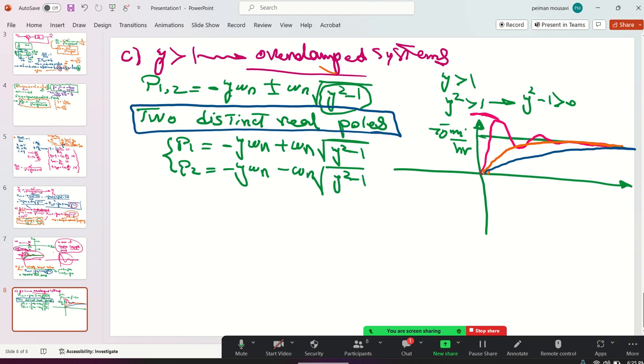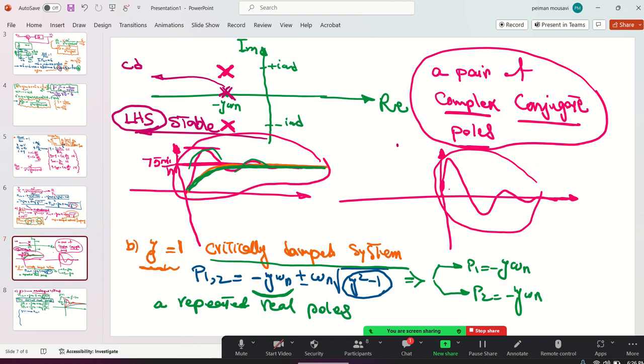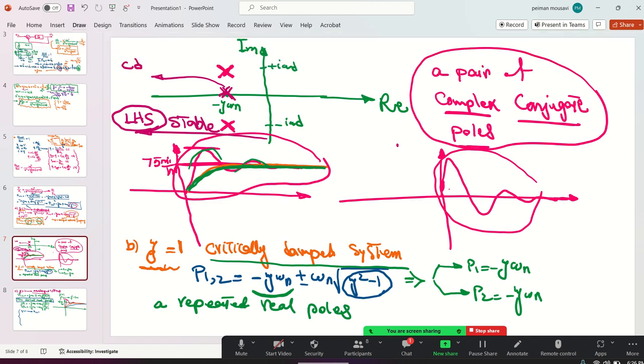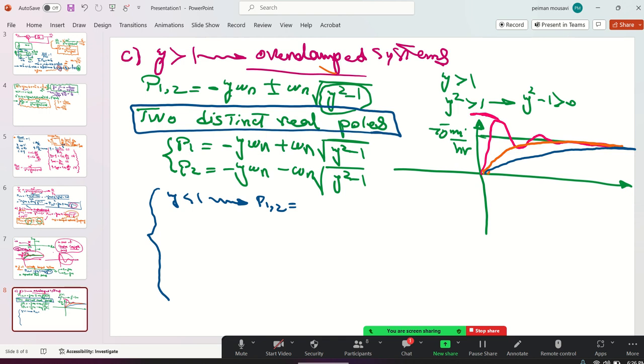You see the whole story about undergraduate control. So I'm summarizing everything here. If zeta is smaller than 1, underdamped system, you have a pair of complex conjugate poles. Let me show you here, guys. Yeah, this plus this value, minus this value.